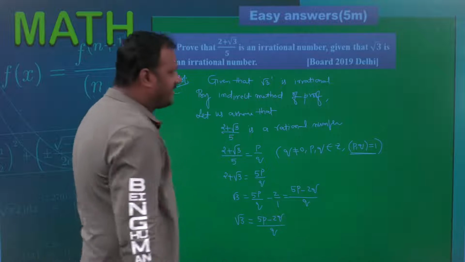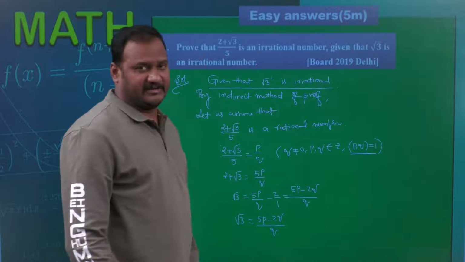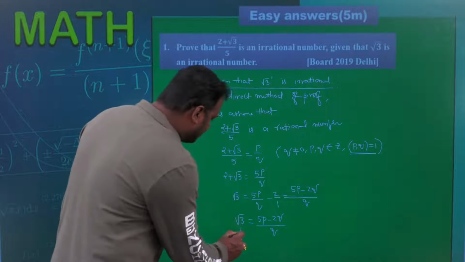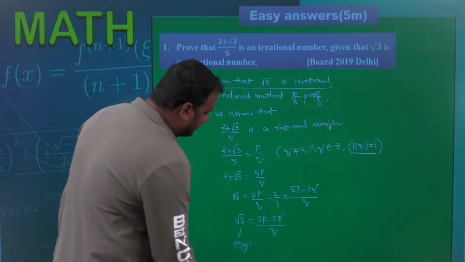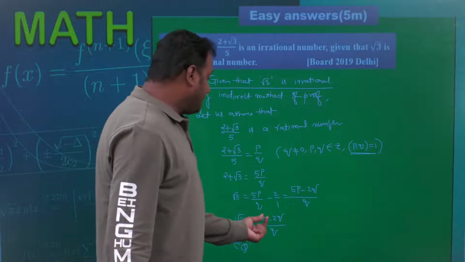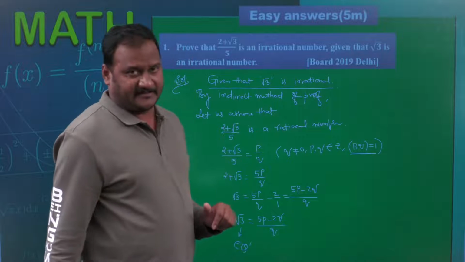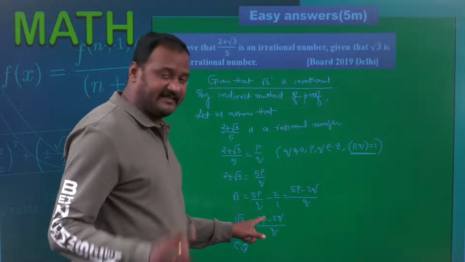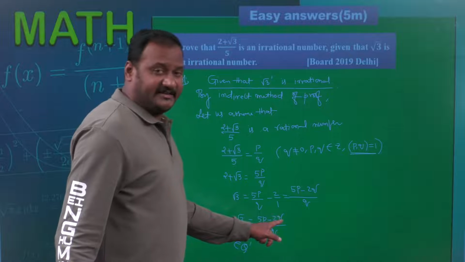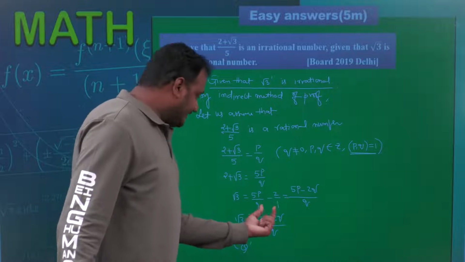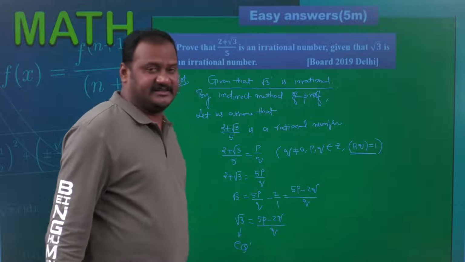See here, according to the information given, root 3 is an irrational number, so this number is purely an irrational number. Irrational number means belonging to Q complement. Then what about 5P minus 2Q by Q? Since P and Q are integers, an integer multiplied by another integer is again an integer, and the difference between two integers is also an integer, divided by an integer.